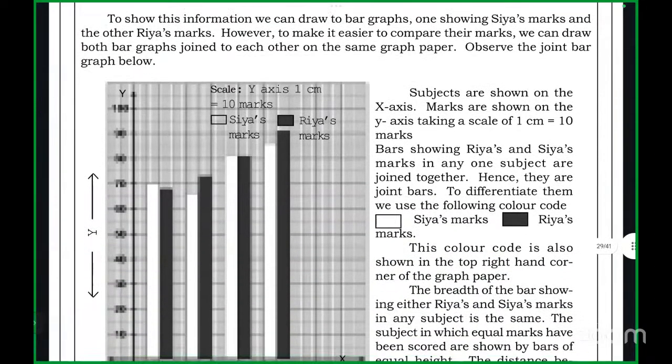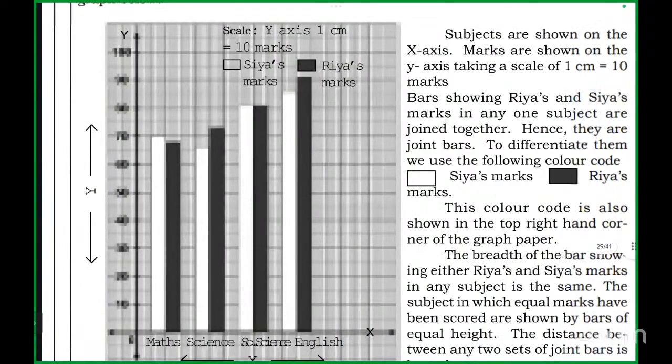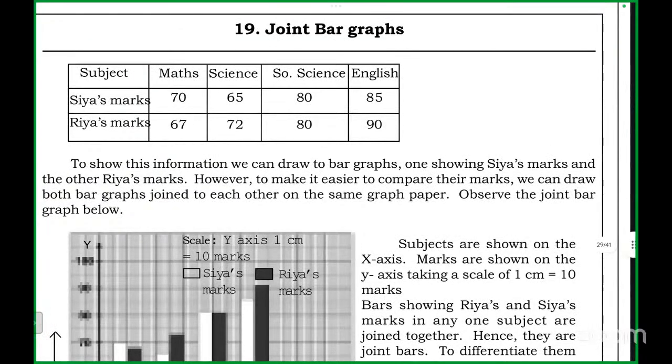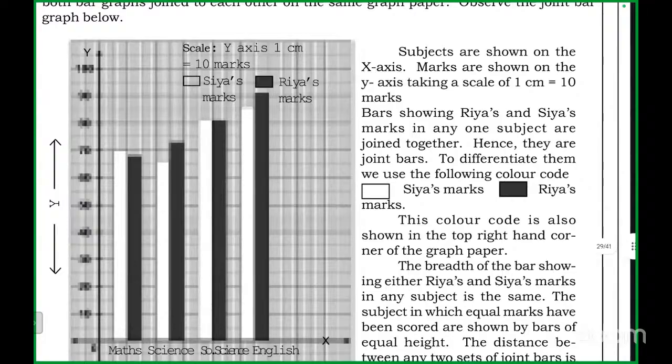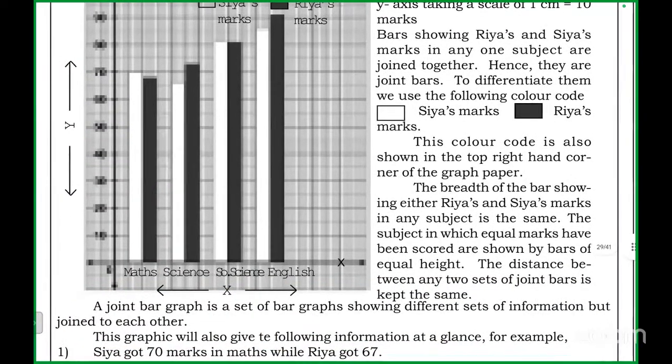One is marked with white and one with black. Bars showing Ria's and Sia's marks in any one subject are joined together. Hence, they are joint bars.